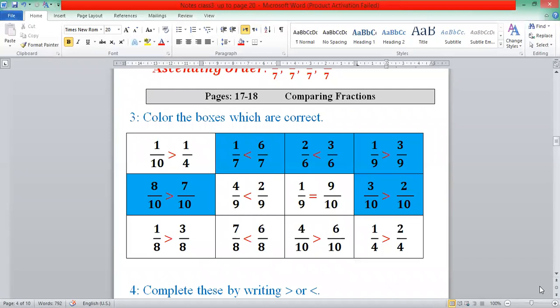So we have to color the one which is correct. Here we have how many boxes? 12 boxes. So look at the pair of fractions, study them, and then color those boxes which are correct.